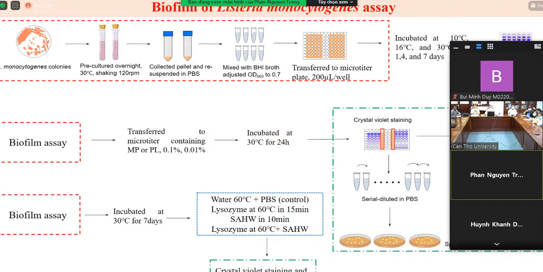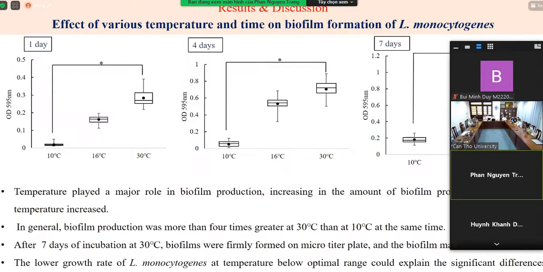The Listeria monocytogenes we use in this study was isolated from Bangladesh fish and the processing environment in company A and B. The experiment was performed at 3 different temperatures: 10, 16, and 30.